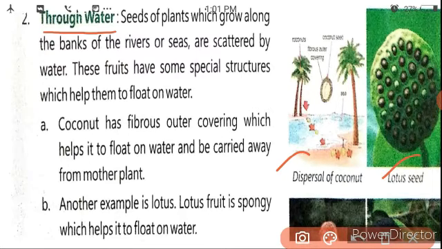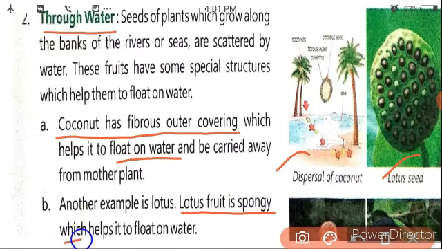What will help it to float on the water? The coconut has a fibrous outer covering, so it will float on water. Similarly, the lotus seed. The lotus fruit is very spongy, so it helps it to float on water. So, in this way, the seeds are transferred from one place to another place through water.